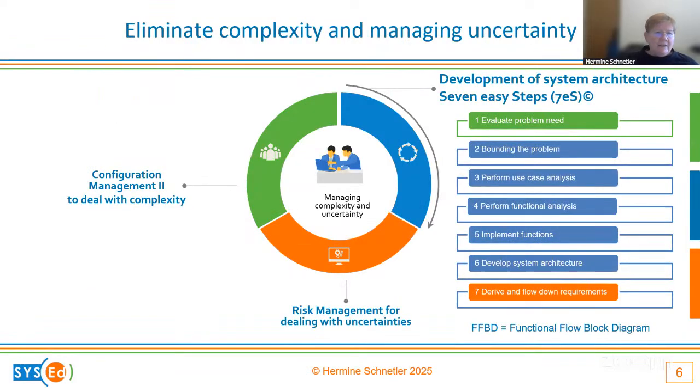And again, similarly, I think there are two very important things. Actually, there's the development process, which is basically on the right-hand side of this viewgraph. And then you really need a strong configuration management system to deal with whatever complexities there are.